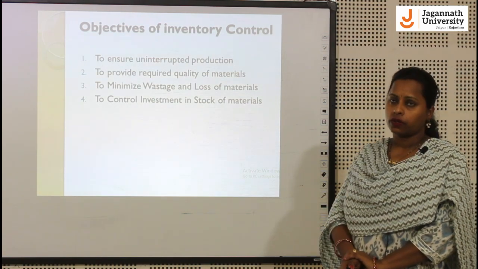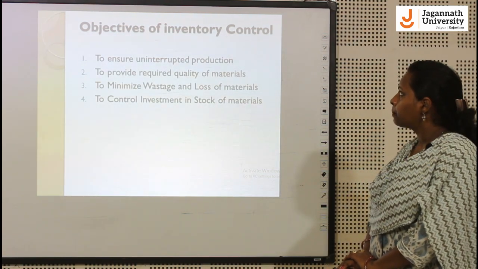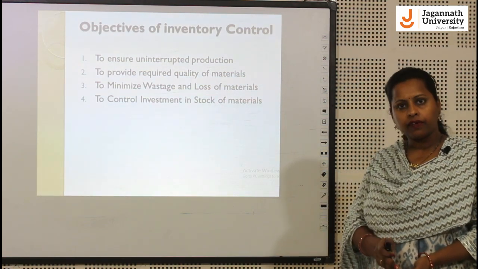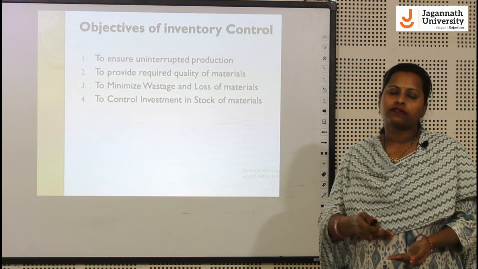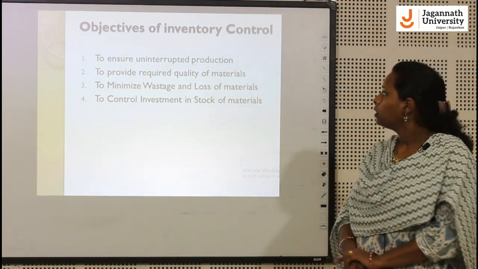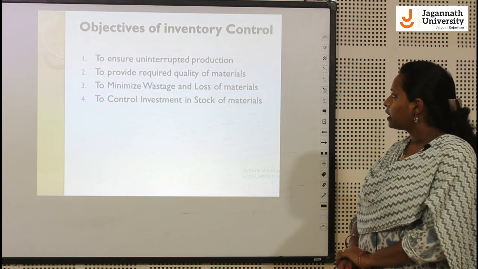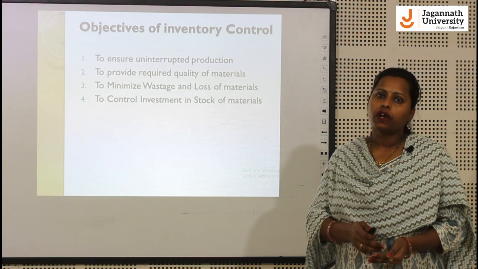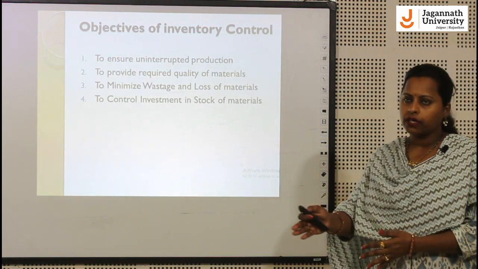Objective of inventory control: to ensure uninterrupted production. As we know, if the materials are not there, it will hamper the production. So to provide the required quality of materials, whatever demand is coming from the production people, you have to supply all the material to them.